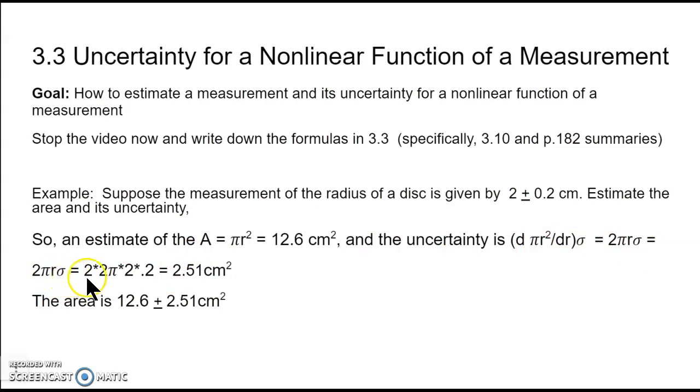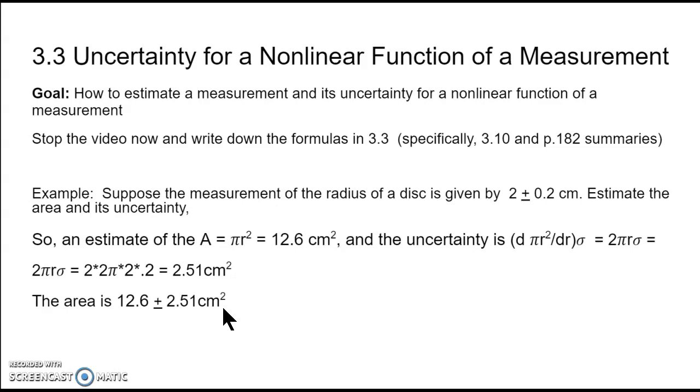So 2 pi r sigma is 2 pi times 2 times 0.2, and that's 2.51 square centimeters. The area should be 12.6 plus or minus 2.51 centimeters squared.